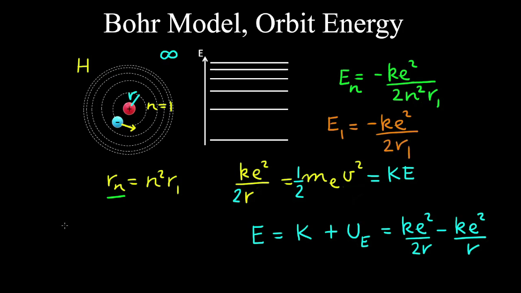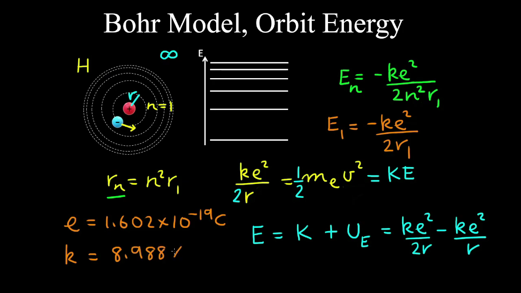So recall the elementary charge for an electron was 1.602 by 10 to the minus 19 coulombs, and Coulomb's constant was 8.988 by 10 to the 9 Newton meter squared per square coulomb.